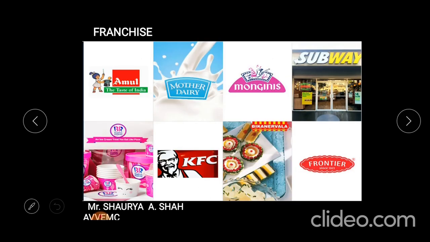As you can see, students, the examples of franchise, the very first amongst that is Amul. Everywhere in the country you can find the Amul parlors, right? So basically they are the franchise of Amul given to individual owners, and every layout of the parlor remains the same. Similarly, Mother Dairy is also there. They have their own milk parlors. Monginis, Subway is also there.